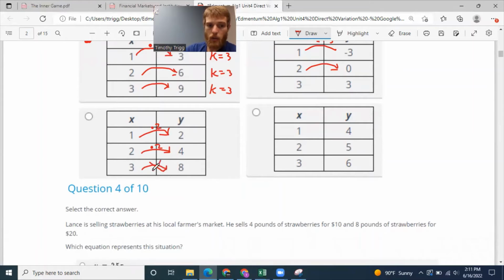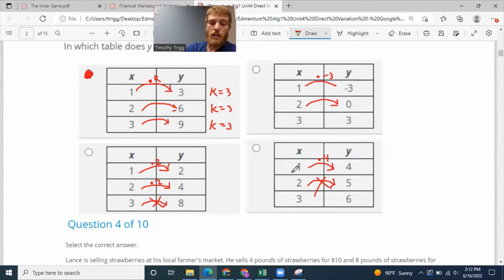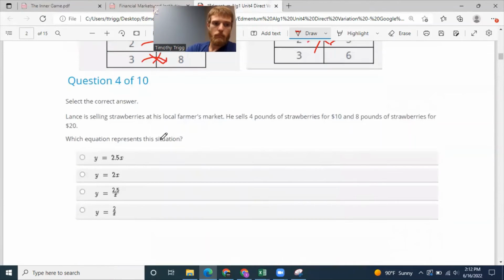No, that doesn't work. So it's not the same value of k for each point. So we know that that's not right. Here, 1 times 4 to get 4. 2 times 4 gives us 5? Well, no. So you can see that only this list has the same multiplier across each x to y coordinate.